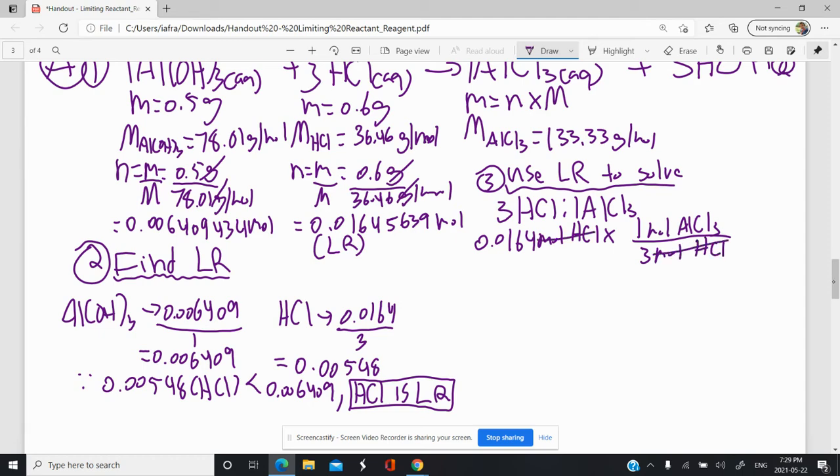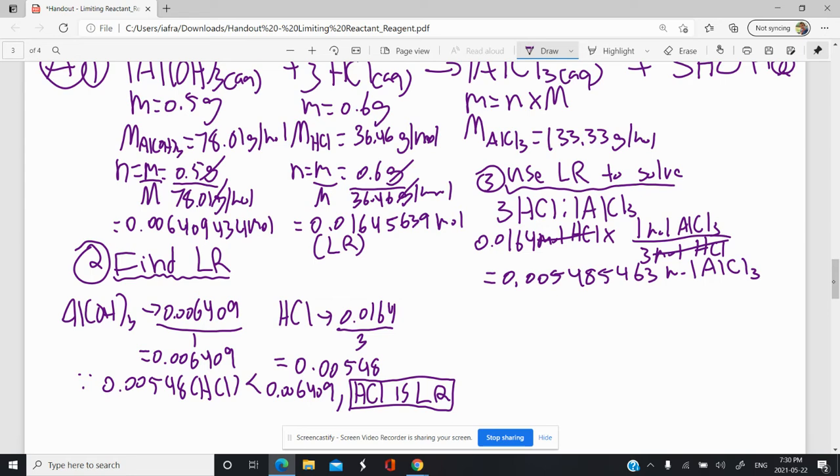Cross out the moles of HCl, and so we get 0.0164563 divided by 3, and we get 0.005485463 moles of AlCl3.